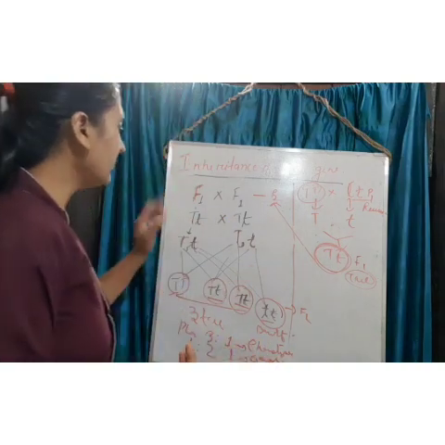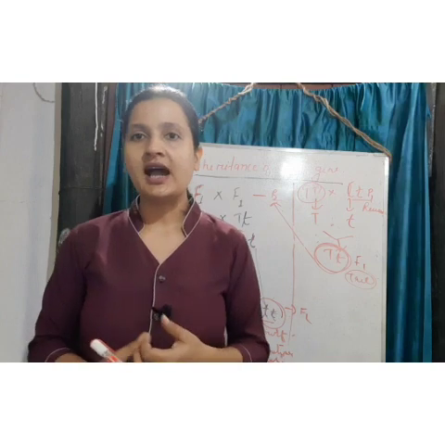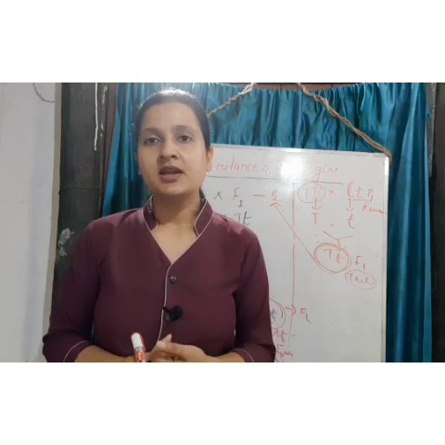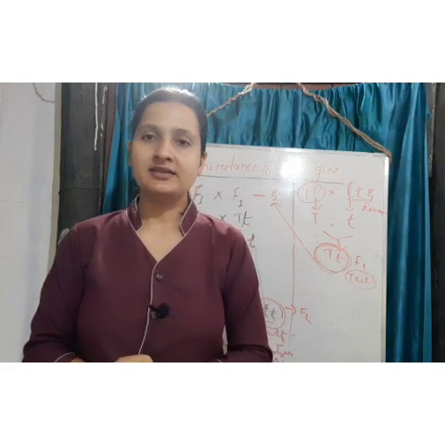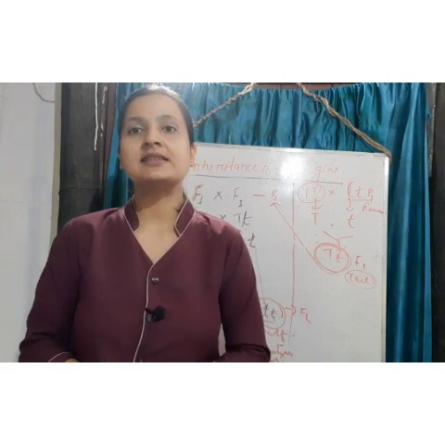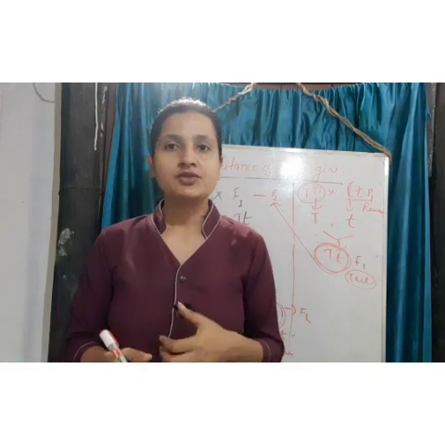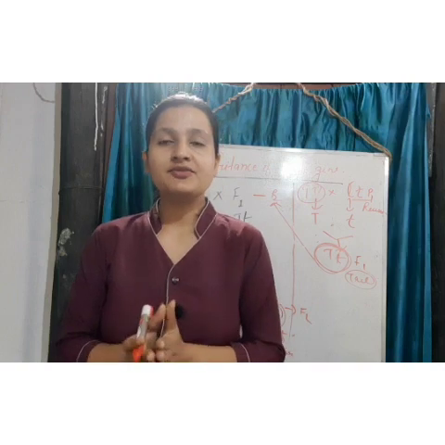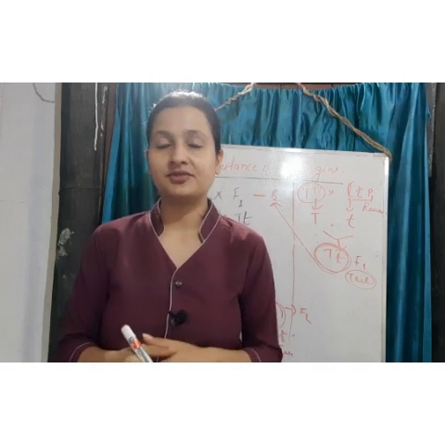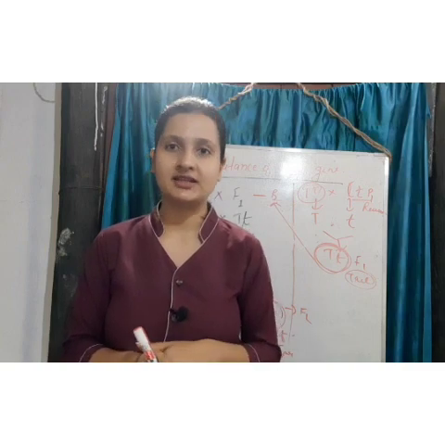Now here we are talking about gametes, isn't it? To show how gametes form, one British scientist, Reginald C. Punnett, introduced a square through which the gamete formation can be represented, and that is known as your Punnett square.